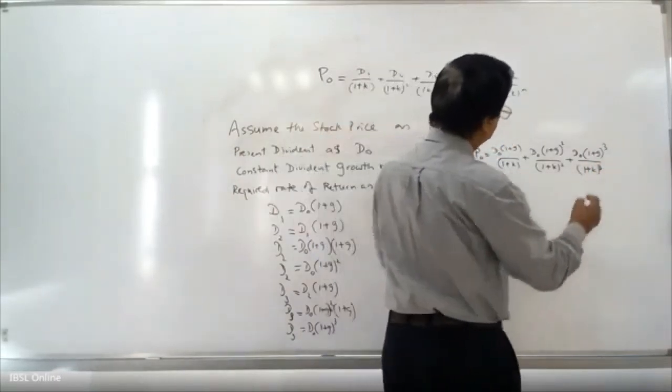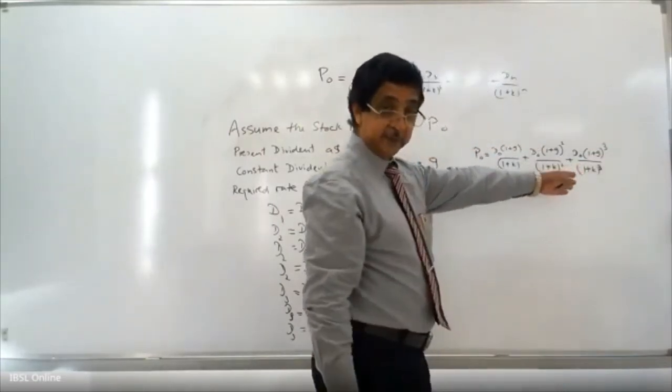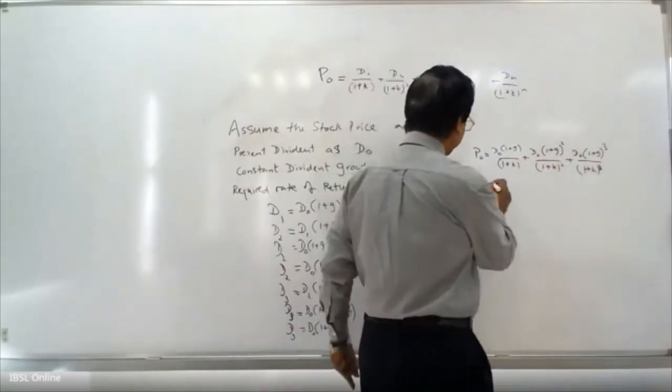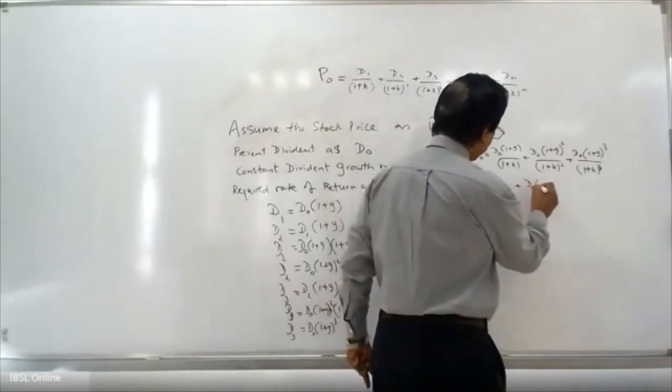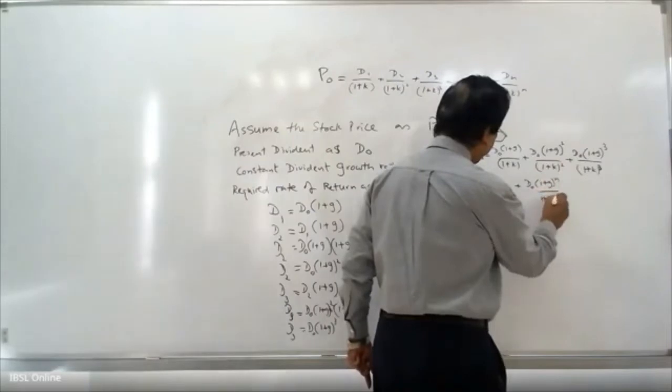Now this goes to n. Since it is not very clear if you write here, I can just put it here. Plus dot dot dot, then D0 into 1 plus G to the power n divided by 1 plus K to the power n.